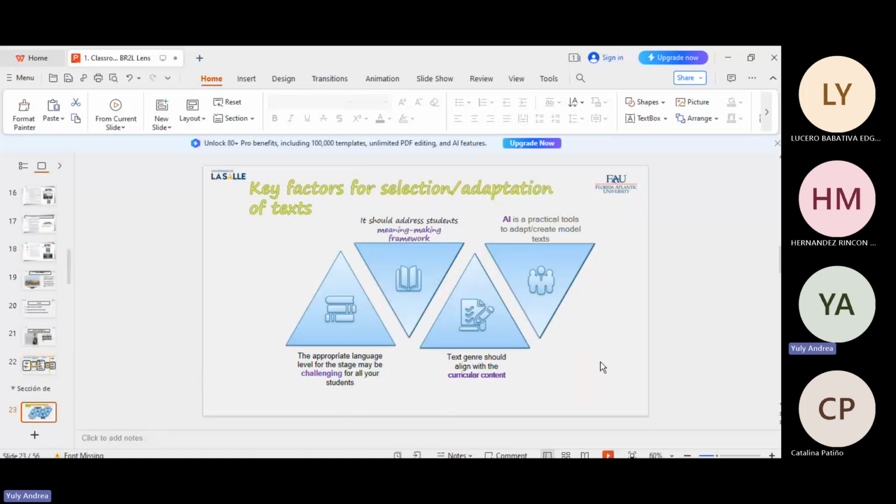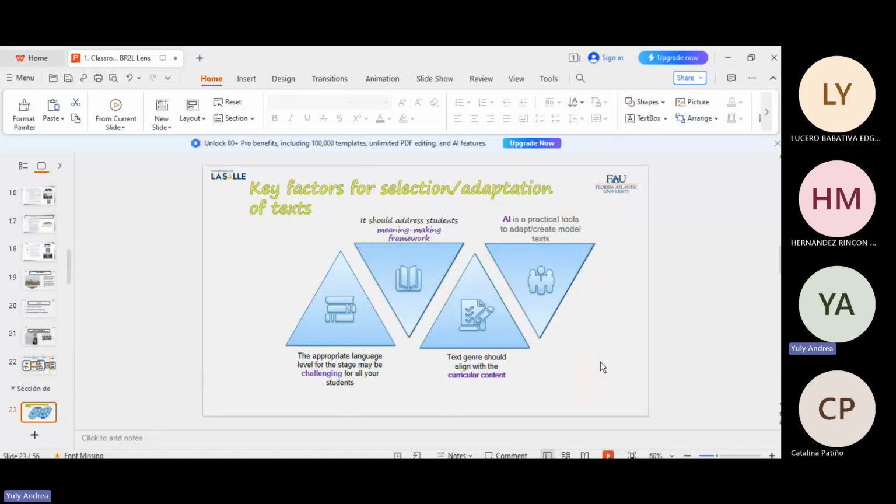The principal instructional material is a text, and you need to do some adaptation, especially if you want to articulate this pedagogy with the suggested curriculum, because there is no material. There are no reading texts that are good enough to conduct this literacy pedagogy.